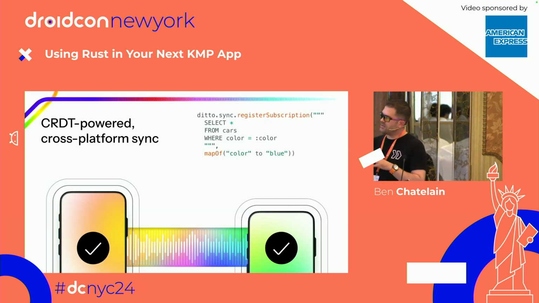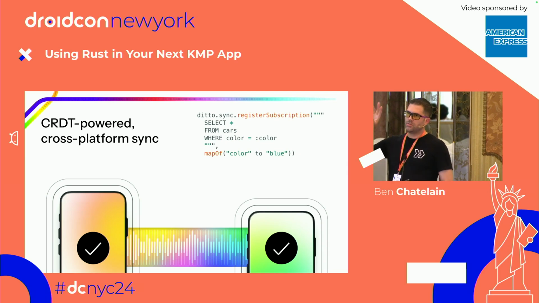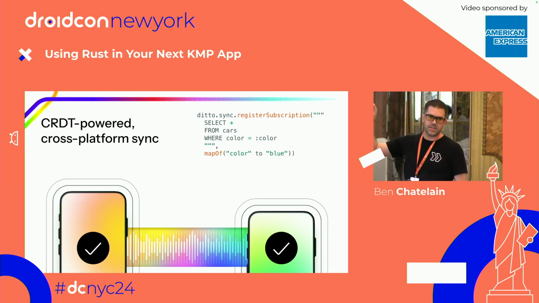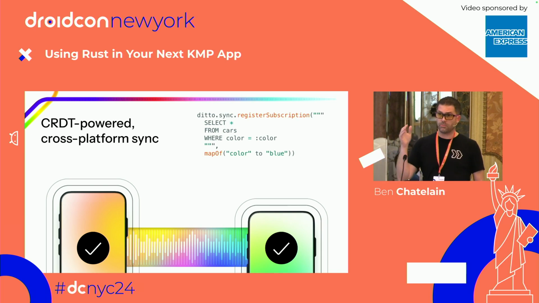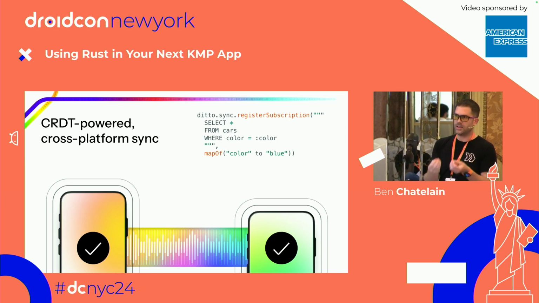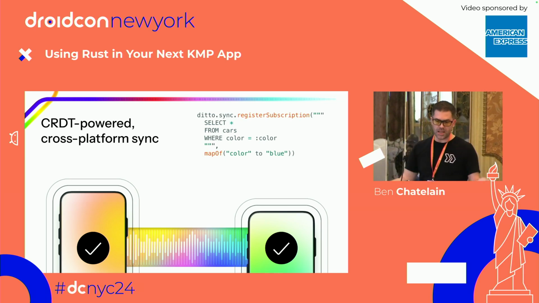The magic of Ditto really is related to how we've integrated CRDTs as the core of how conflicts are dealt with. CRDT stands for conflict-free replicated data types. That's what powers it, so two devices will agree on what the eventually consistent state is. And then you bring more devices in and they will all end up in the same state. There are a lot of papers written on this sort of thing.